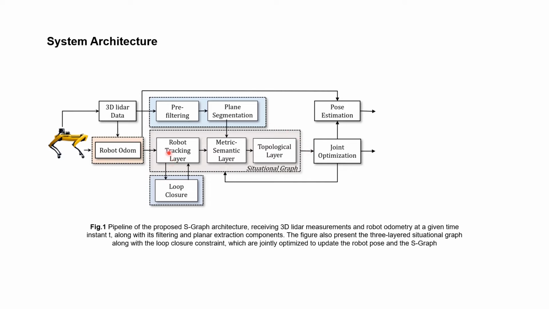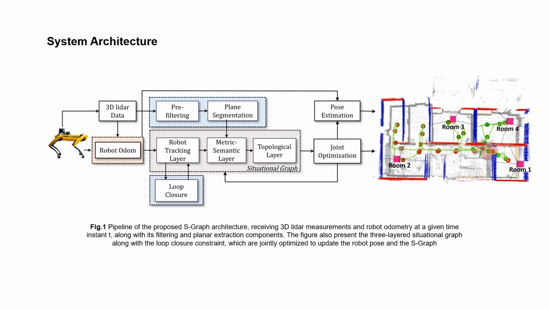The third module is the LiDAR mapping module, which generates the three-layered situational graph. And the fourth module is the loop closure module constraining the neighboring keyframes to perform appropriate loop closures. Our pipeline can thus not only perform robust pose estimation of the robot, but also generate accurate 3D maps.